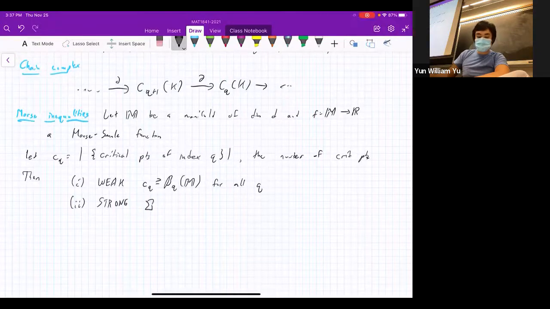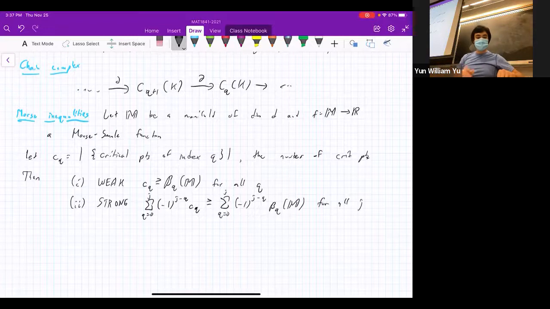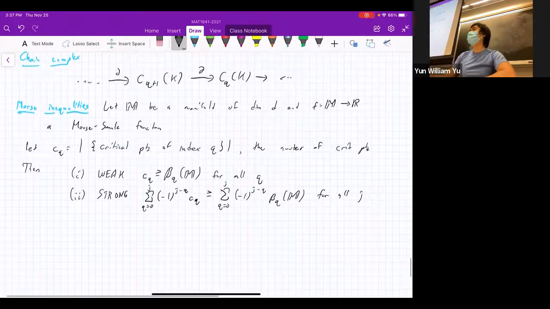If you take the sum over q equals 0 to j of (-1)^(j-q) C_q, that's greater than or equal to the sum over q equals 0 to j of (-1)^(j-q) of the Betti numbers, for all j. So this is basically relating the indices of these critical points to the Betti numbers of the underlying space.